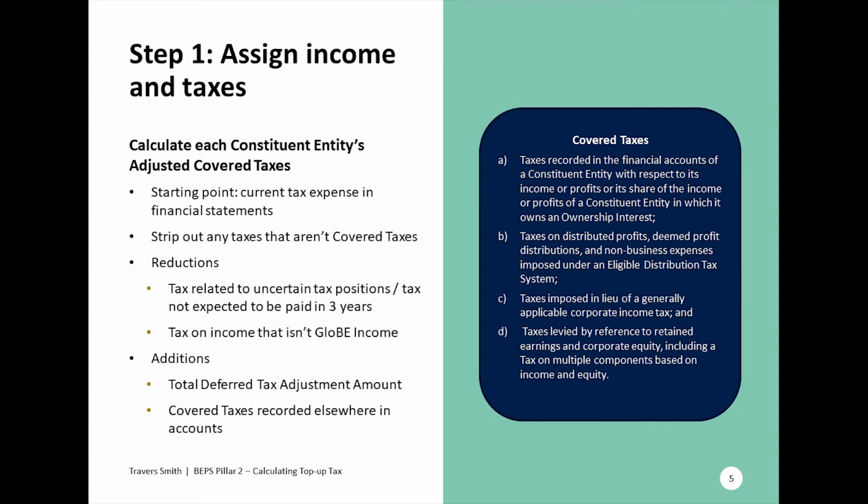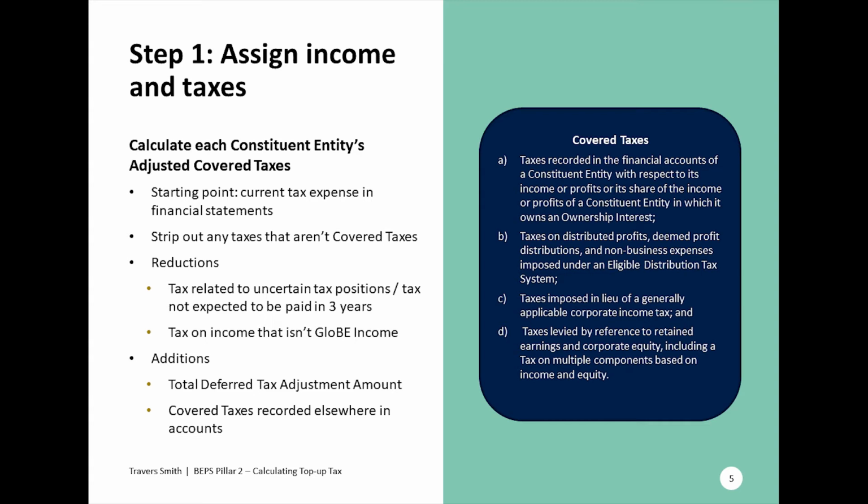So covered taxes is basically tax on income and profits, and you would need to strip out from that tax expense other sorts of taxes, things like payroll taxes, so NICs, taxes on sales like VAT, transfer taxes, stamp taxes, and so on. You would also need to strip out any top-up taxes that have been charged under the GloBE rules or under domestic law.